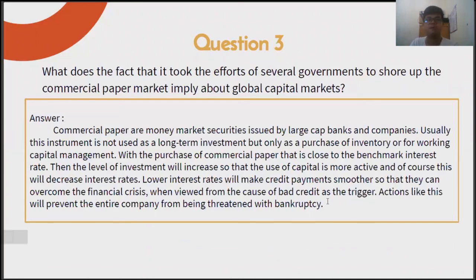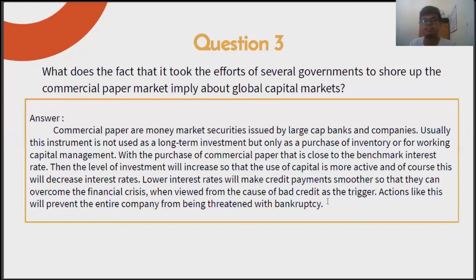Question 3. What does the fact that it took the effort of the federal government to shore up the commercial paper market imply about global capital markets? Our answer: commercial paper are money market securities issued by large companies.